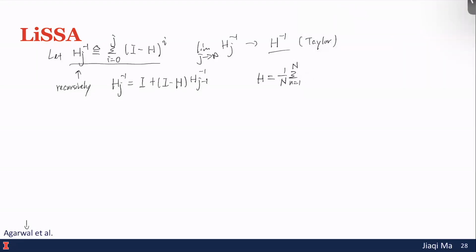So if we directly use this recursion, we still need to calculate H, which doesn't solve the problem. But what this definition of Hj inverse offers is that we can do a stochastic estimate.